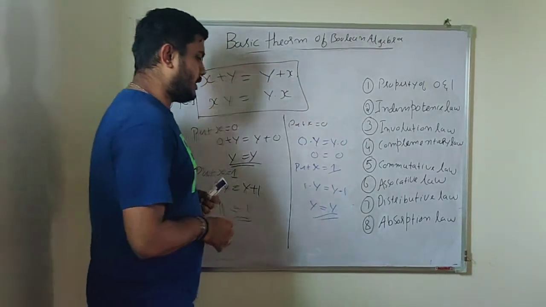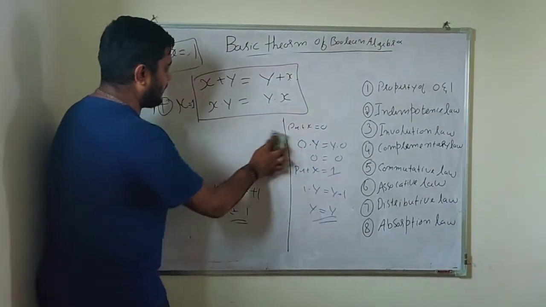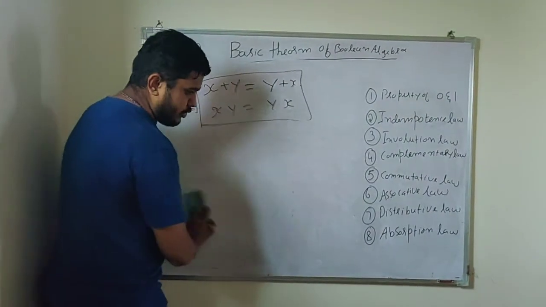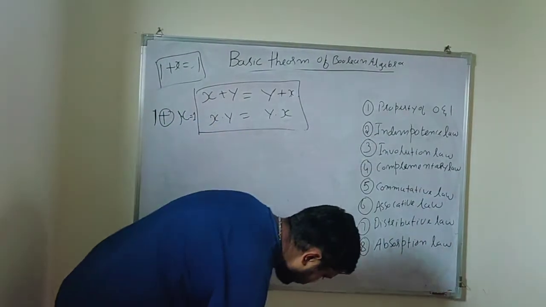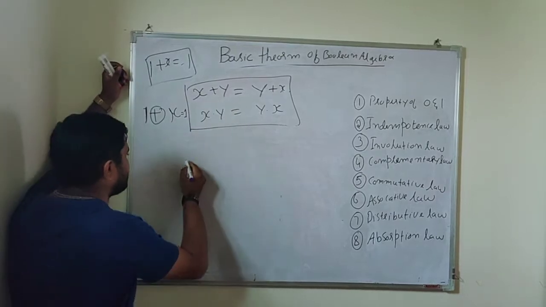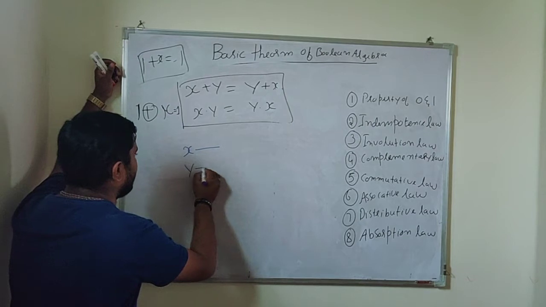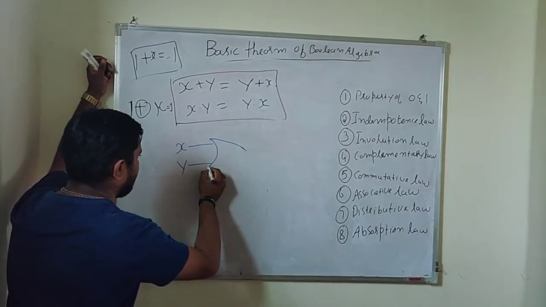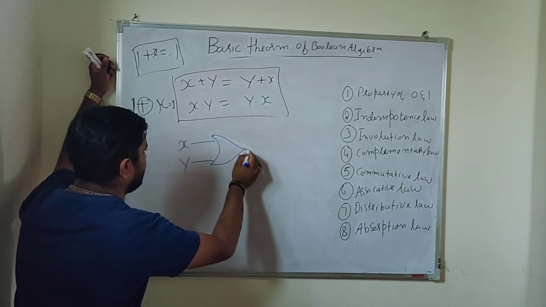So how do you write the logic gates for this? We have two OR gate symbols and two AND gate symbols. So how do we prove this using a logical representation? When you use a logical representation, you have x plus y, so two inputs x and y, and in the middle you have an OR gate symbol.